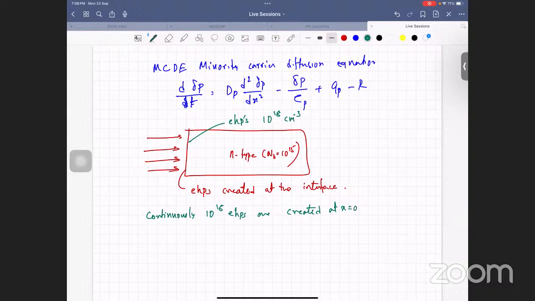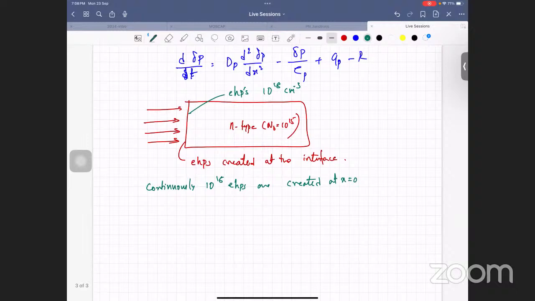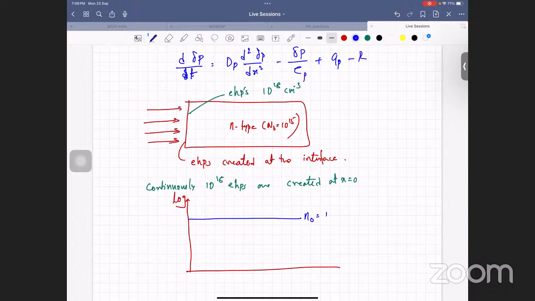We did this situation. Now, what will happen? Are we at equilibrium? Let's think about the carrier concentrations. Let's plot carrier concentrations as a function of x, on a logarithmic scale. First of all, you have an n-type semiconductor, so you have n0 equal to 10 power 15.